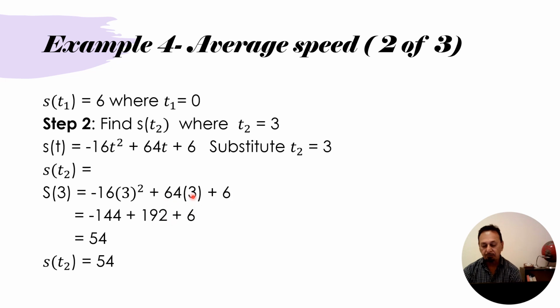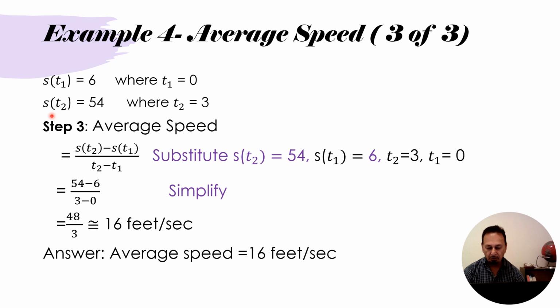Then 64 times 3 is 192, plus 6. If you add these, negative 144 plus 192 will be 48, and 48 plus 6 will be 54. So s of t2 is 54. So we have found s of t1 is 6, where t1 is 0, and s of t2 is 54, where t2 is 3.